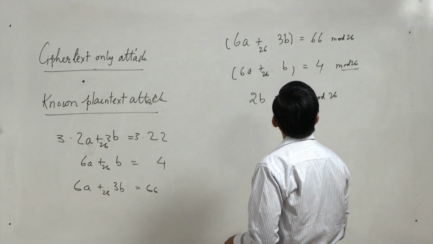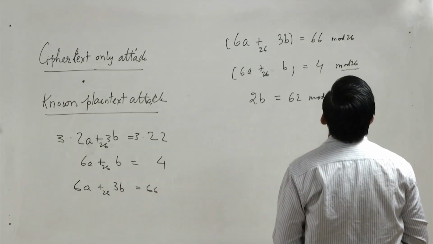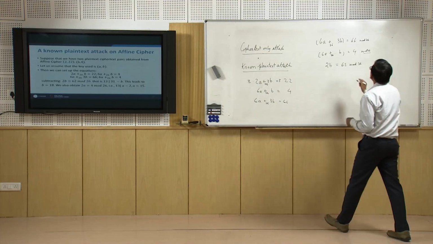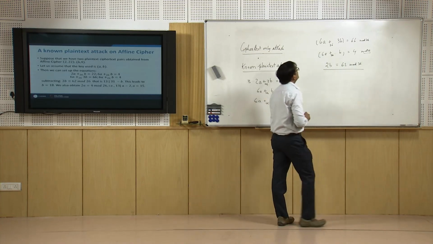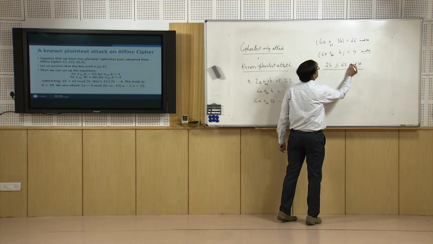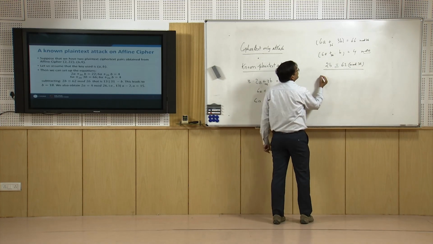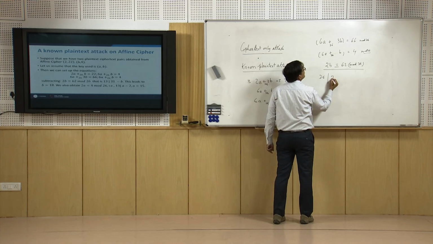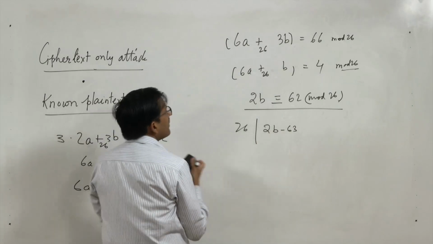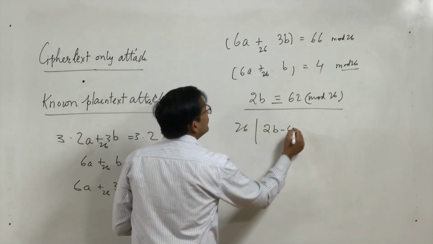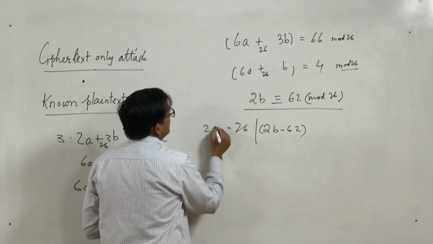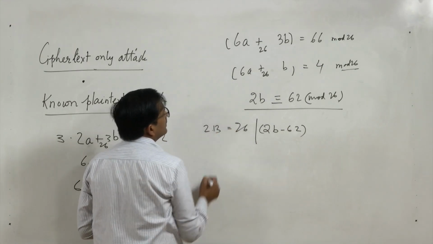And 62 mod 26, the question is, what does it mean? It is essentially 2B congruent to 62 mod 26. Therefore, I know 26 divides 2B minus 62, but 26 is 2 into 13.